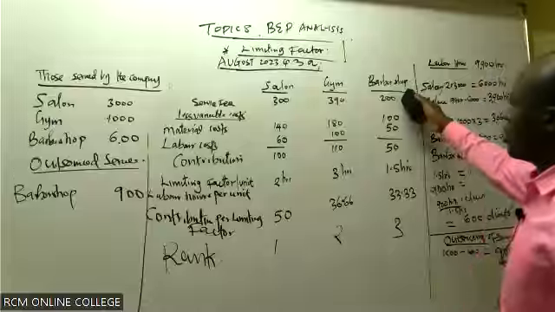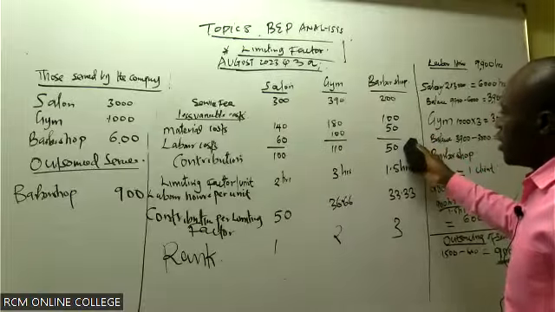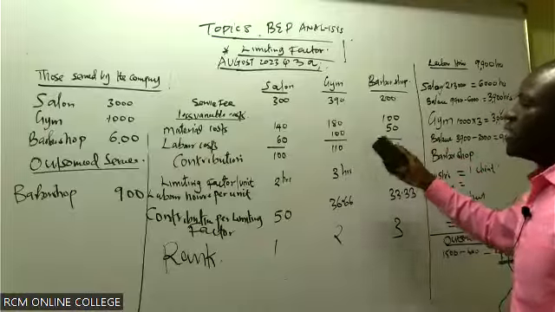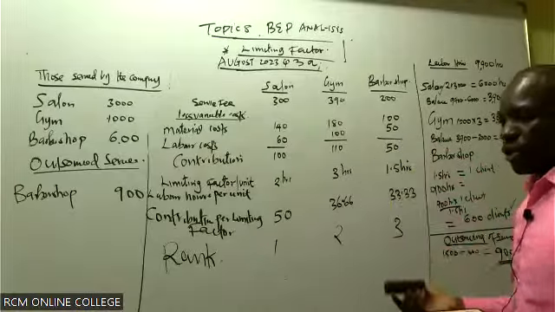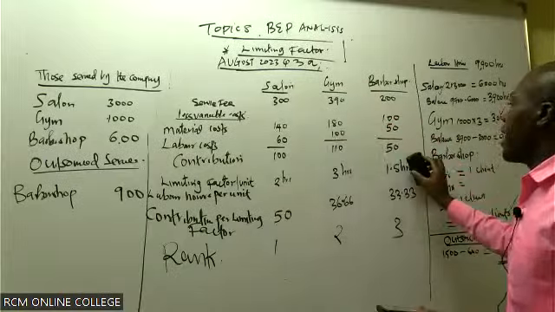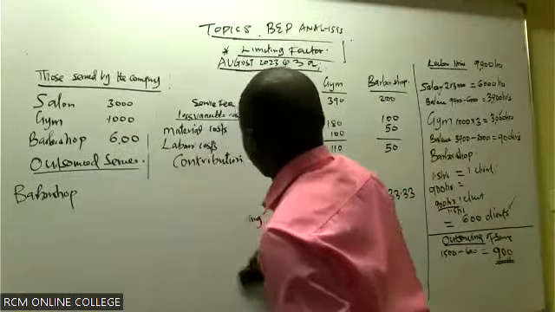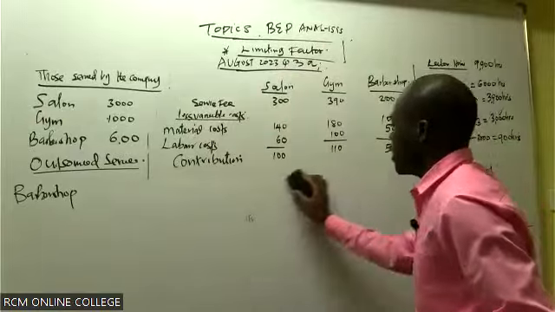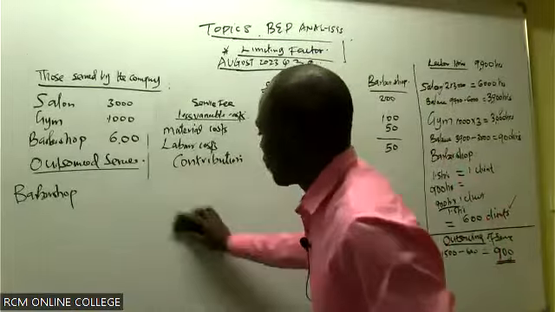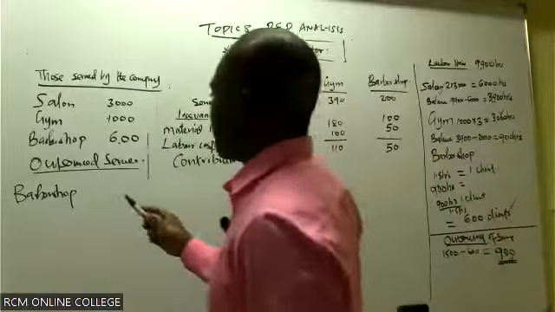The contribution is selling price minus variable cost. It will not change. The only thing that's going to affect these ones is the units that were produced. So I will go to Roman 3, copy everything here except this part. Copy everything here except this part. Copy everything there except that part.